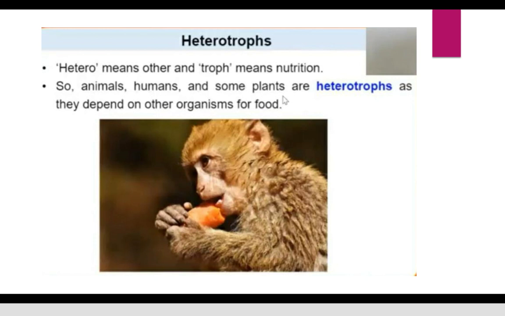Now let's see heterotrophs. Hetero means other, and troph means nutrition or food. It means nutrition from a host plant or any other organism. Animals, humans and some plants are heterotrophs because they depend on others and cannot make their own food.